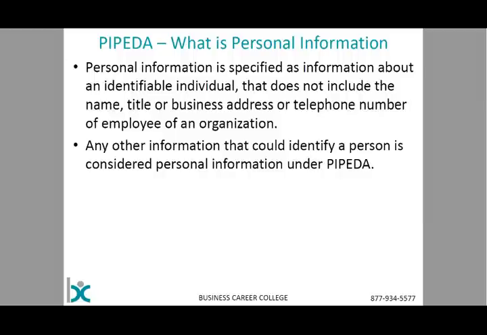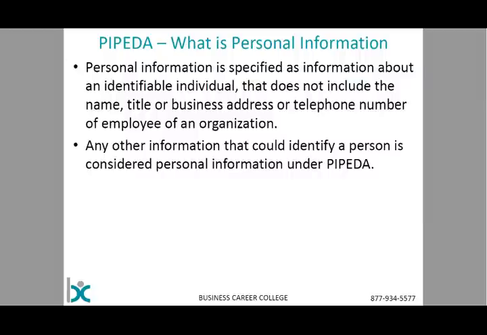So when they say identifiable individual, we are looking at information that can be used to point out a specific person with the information that's out there. So anything other than those four things that are laid out specifically above, which come directly out of the privacy legislation, anything else would be considered personal information.